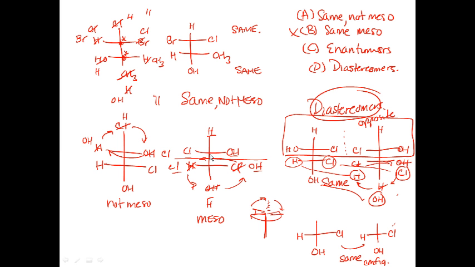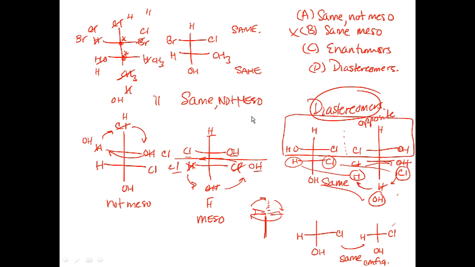And even if you did your group switching, you'd have the two carbons having the same configuration. But you might say, well, they're the same, but you don't know if they're the same because they're both the same meso compound, or they're the same and they're not meso. So you have to rotate these groups, and you have to physically see whether you see the mirror plane or not. Okay.